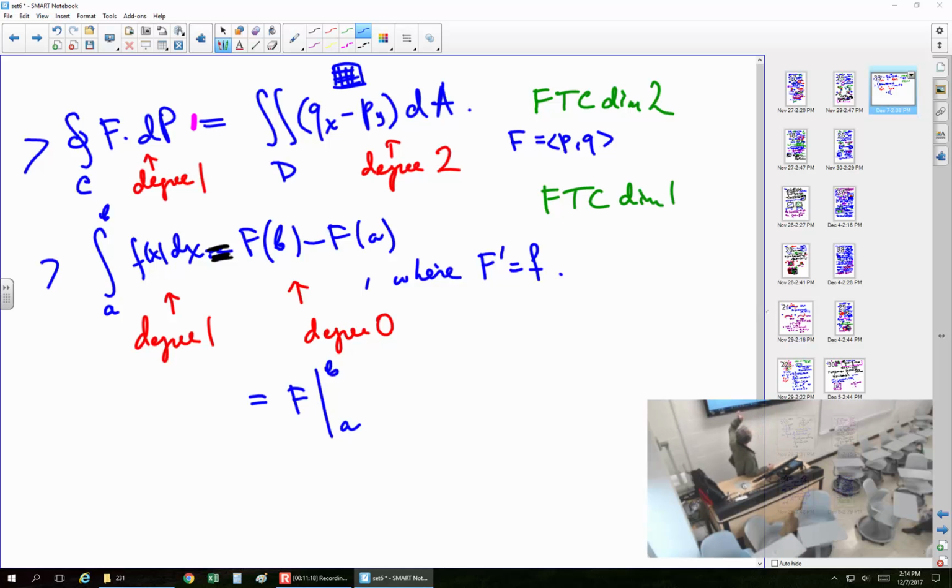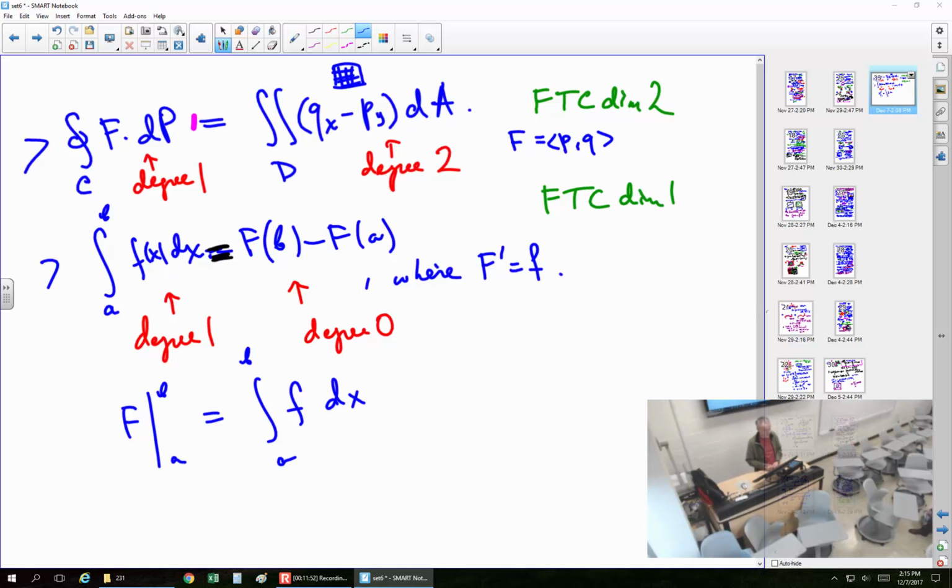The original fundamental theorem goes from degree 1 down to degree 0, and the other one goes from degree 1 up to degree 2. So in order to make this match, let's flip the terms. So I'll have F from a to b is equal to the single integral from a to b of F dx.